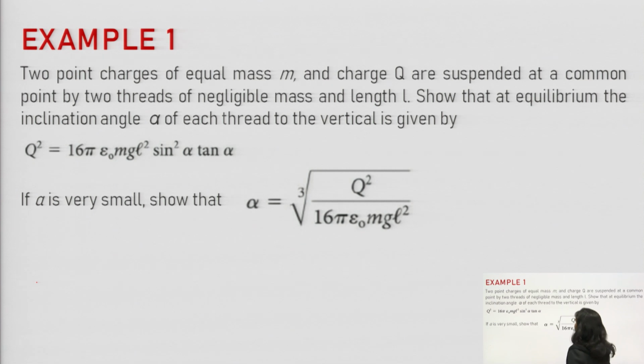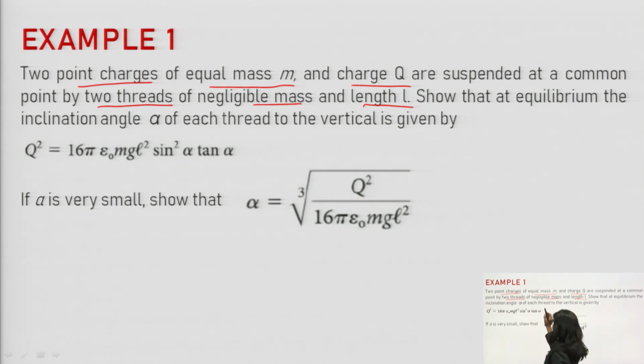Here is one problem in which two point charges of equal mass m and charge q are suspended at a common point by two threads of negligible mass and length L, so that at the equilibrium position the inclination angle alpha of each thread from the vertical is given by this.